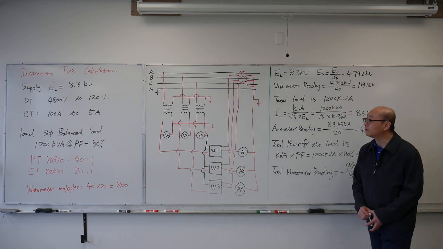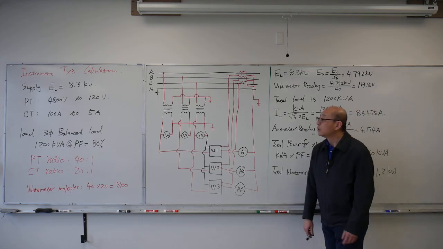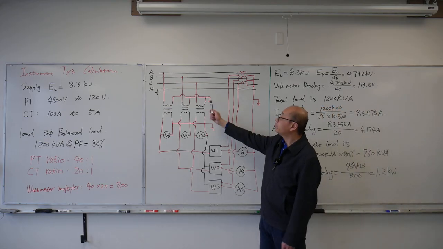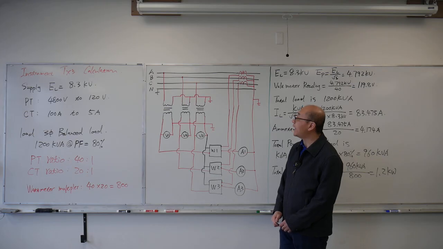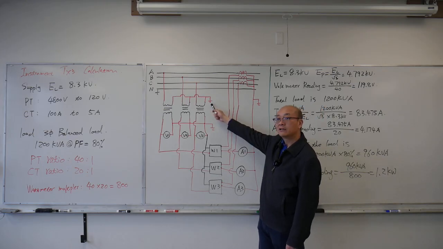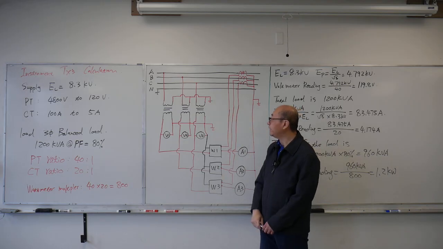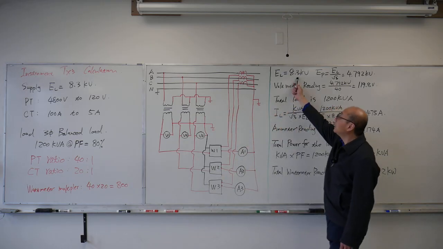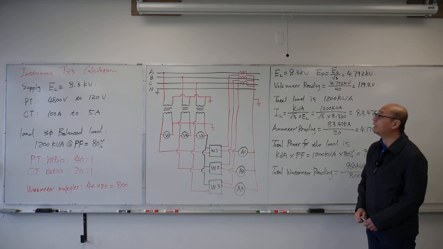Now let's do the calculation. We look at the PT primaries, which are connected in Y because we have a common point connected here. The grounding is for safety. My line voltage is 8.3 kilovolts.